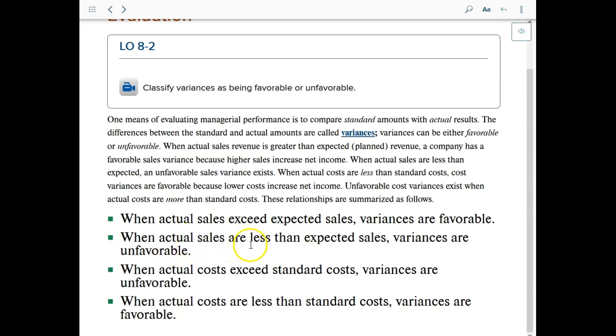When actual sales are less than expected sales, variances are unfavorable. Okay? When actual costs exceed standard cost, and you call this a budget cost if you want to, variances are unfavorable. If it costs more money, that's an unfavorable variance. When actual costs are less than the standard cost or budgeted cost, variances are favorable. Now you spent less than you thought. Next page.